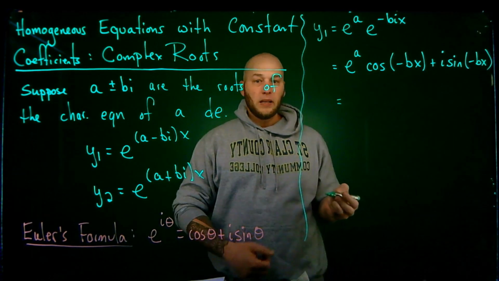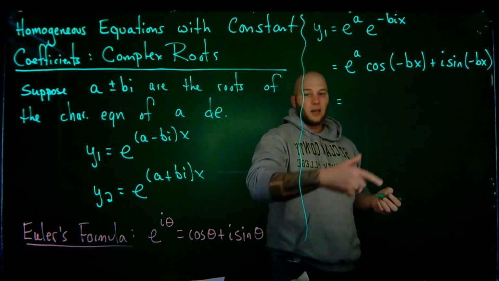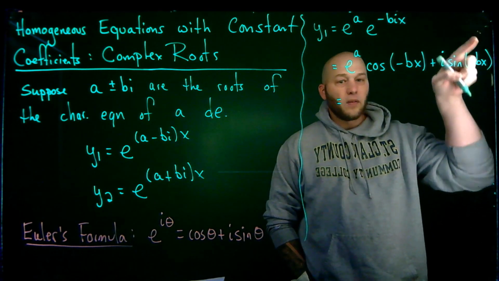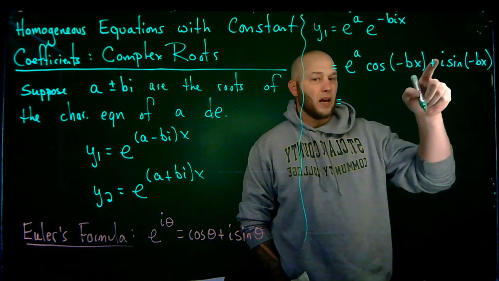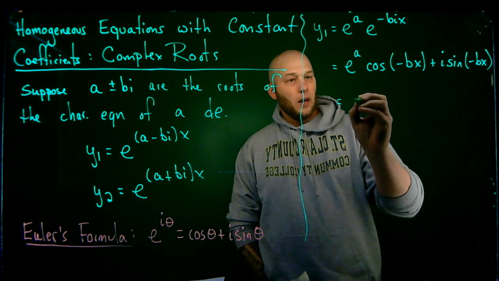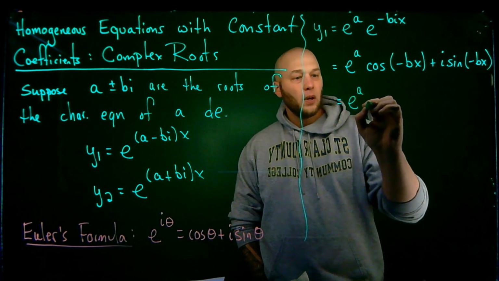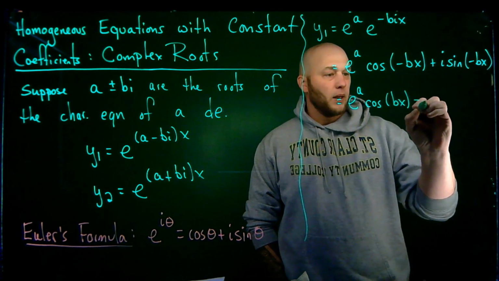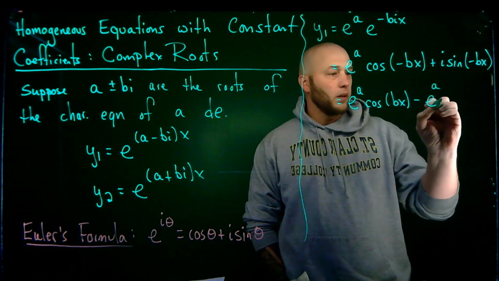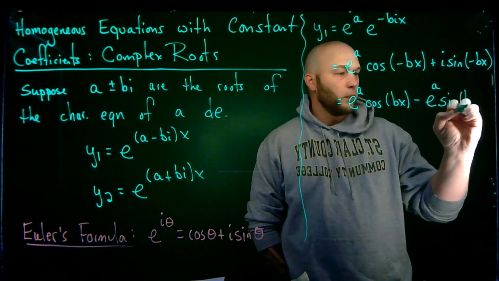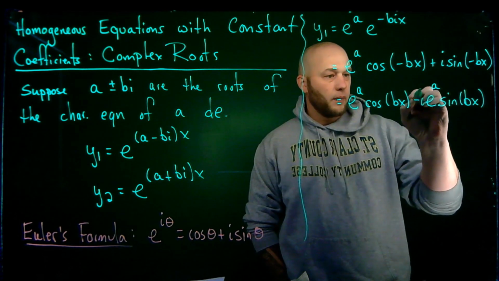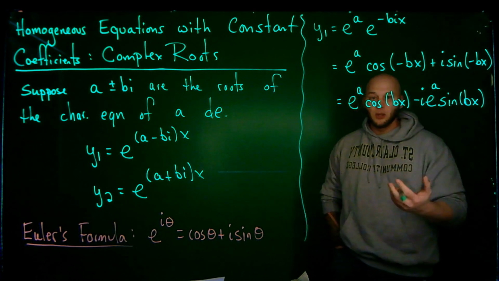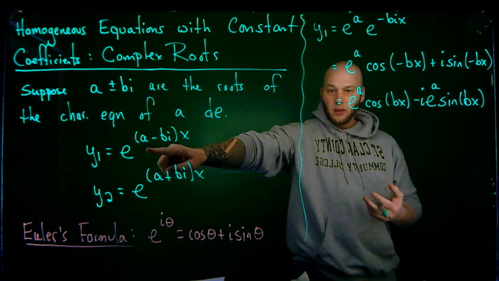Now, cosine is an even function, so therefore cosine of a negative is the same thing as cosine of the positive, and sine is an odd function, which means I can pull that negative out as a coefficient. That gives me e to the a cosine of bx minus e to the a sine of bx, then times i. Don't forget the i. This then would be another way to write the solution y1, which is equivalent to this function right here.